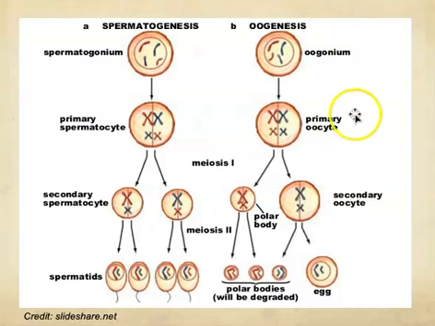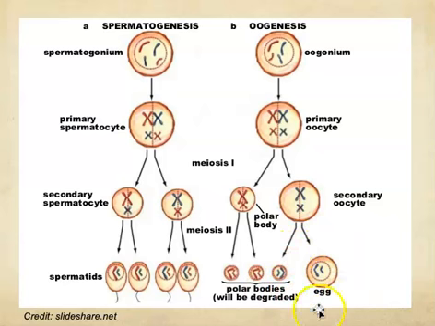So by the end of meiosis, this female parent stem cell is not going to create 4 eggs like we saw in the male, but 1 egg and polar bodies. And these polar bodies are going to just be degraded. This is one of the reasons that eggs are so very precious from an evolutionary standpoint.